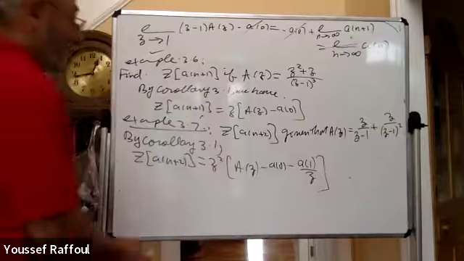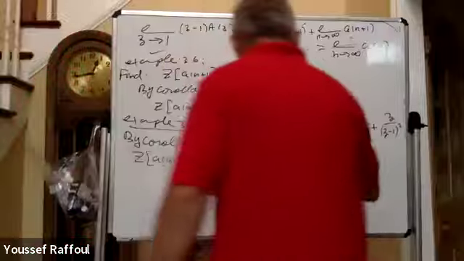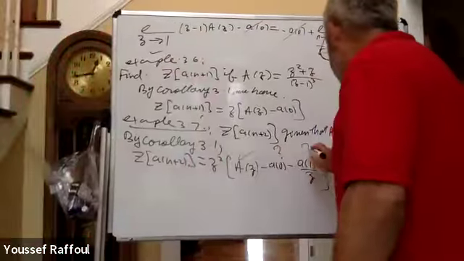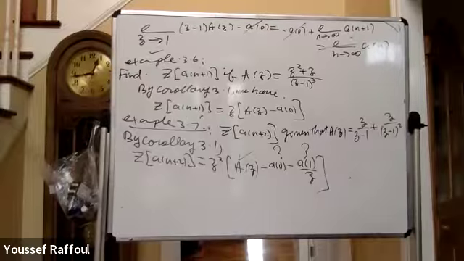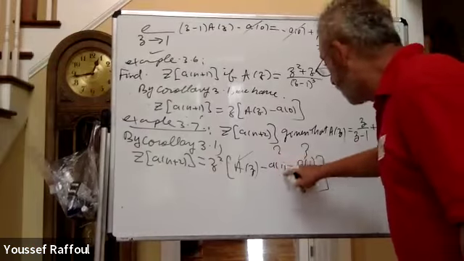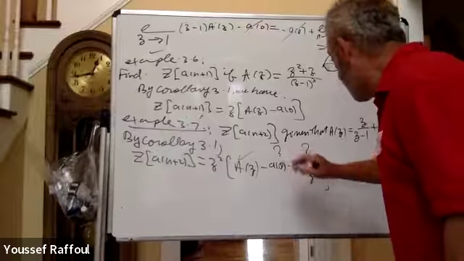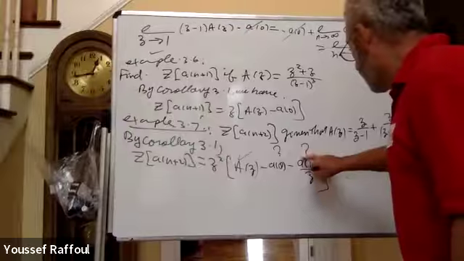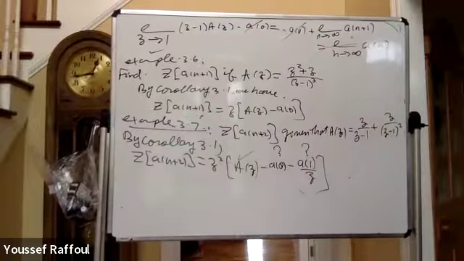So what do I need? I need to know a_0, and I need to know a_1. You see what happened? This is a_0. So we need to know this one, and we need to know this one. Okay?